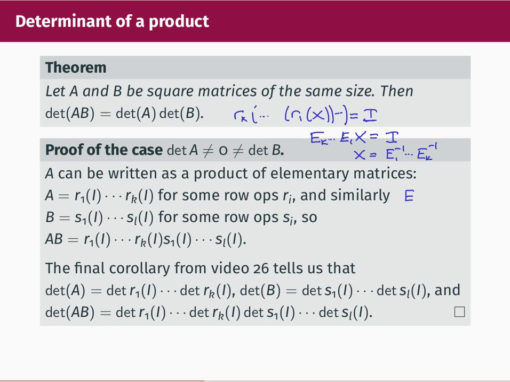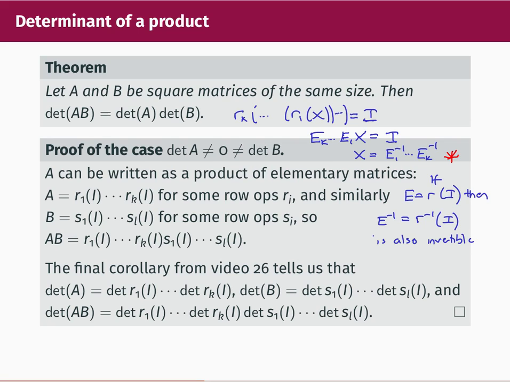We showed that if E was equal to R of I, then we proved E was invertible by proving that its inverse was actually equal to the inverse row operation applied to I. In particular, that inverse is obviously an elementary matrix, and therefore what I wrote here genuinely was a product of elementary matrices equal to our arbitrary invertible matrix X.